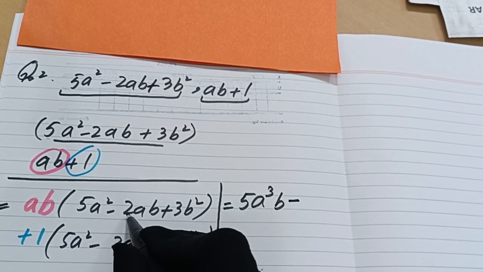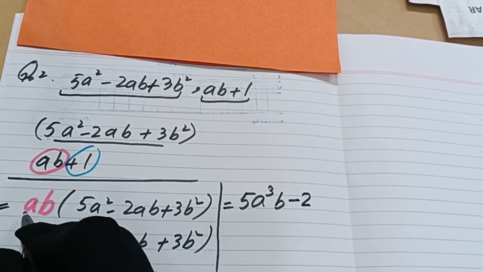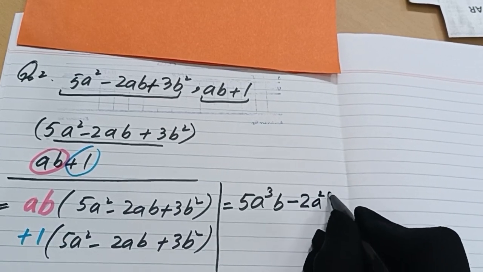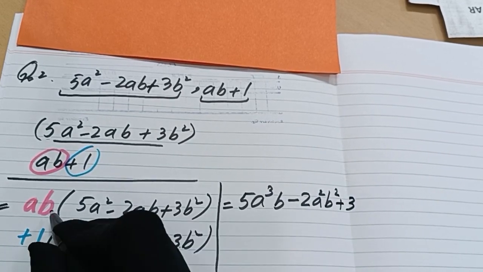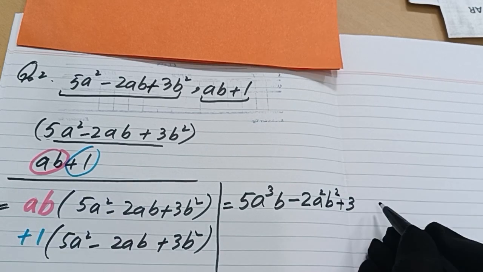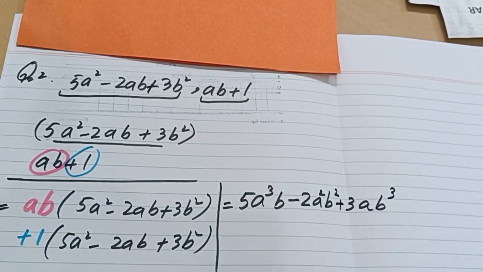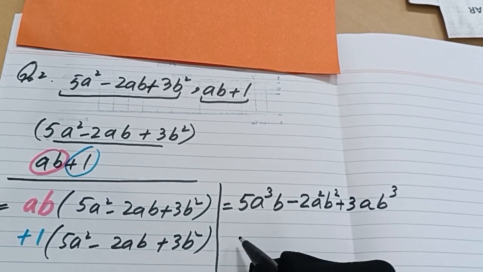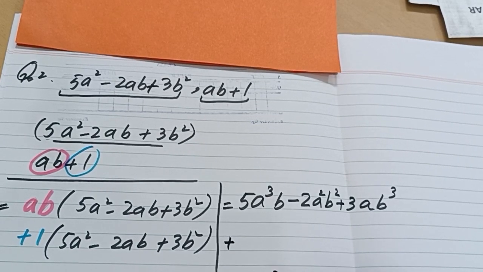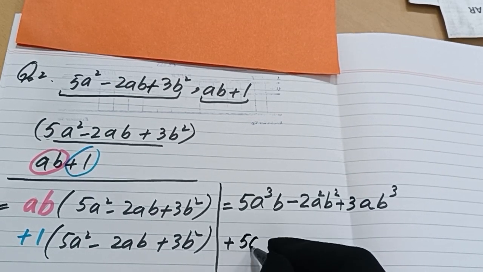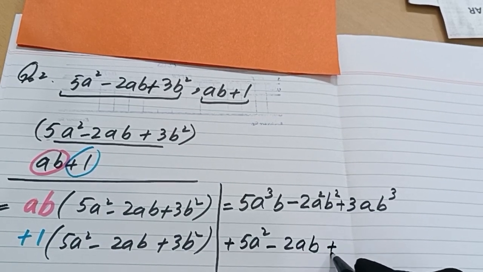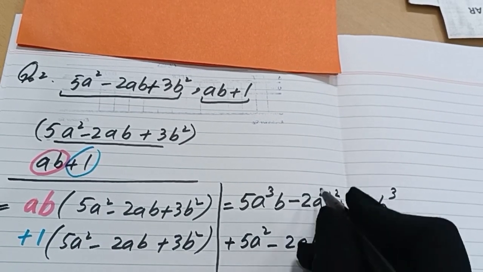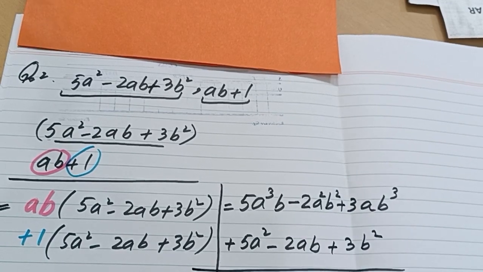Minus 2 a square b square plus 3 b square will multiply to b will become b cube, a stays as it is, a b cube. Now second term, plus 1 times 5a square, because 1 is multiplying so all terms will remain the same. I will write. Now adding this one I will write here.